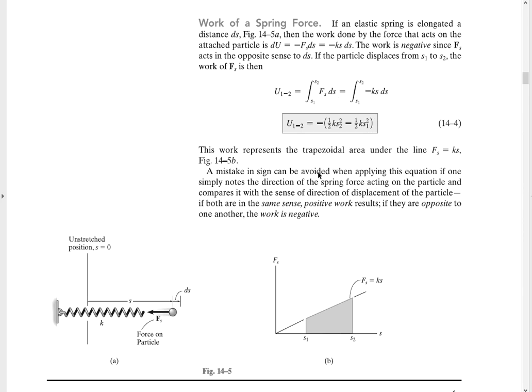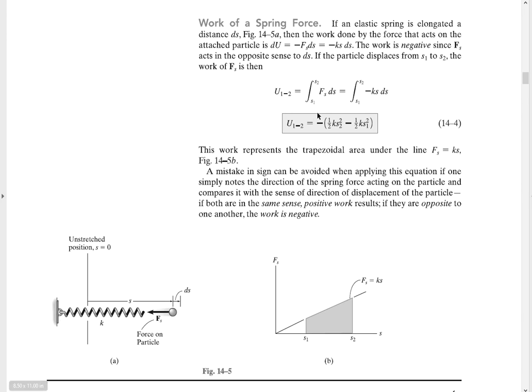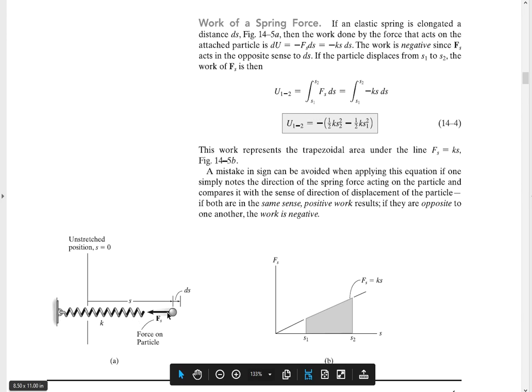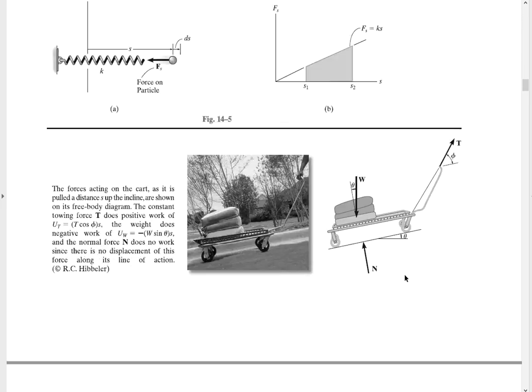And then in terms of the sign, if you're working against the spring, the work done between the two positions would be negative. If you work with the spring, essentially relieving the compression or the stretch of the spring, then the work is positive. So if you work against the spring, either further compressing it or further stretching it, the work would be a negative value.